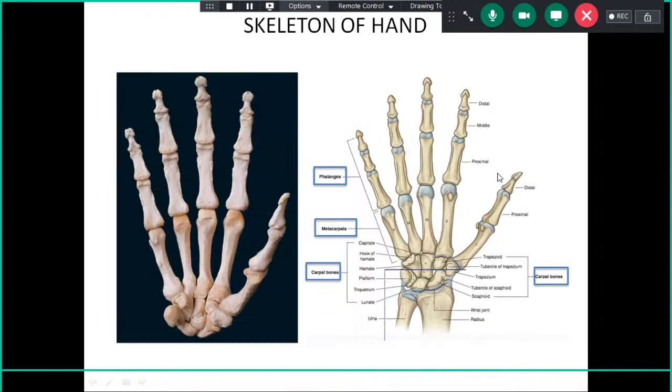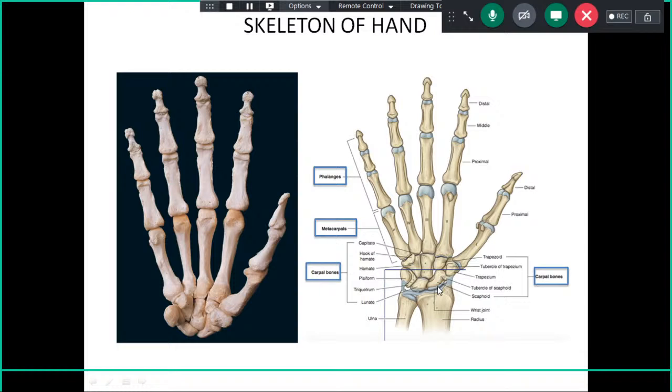Okay, so you're already versed with the skeleton of the hand as such, right? See, we have the carpal bones. This is the palmar surface of your hand, the articulated skeleton. The carpal bones are arranged in two rows, okay? There is a proximal row and a distal row of carpal bones.